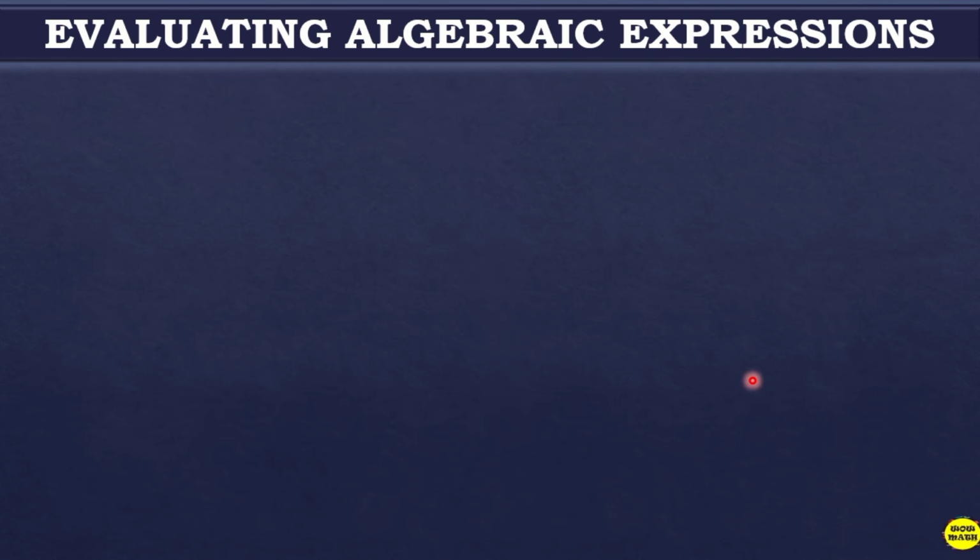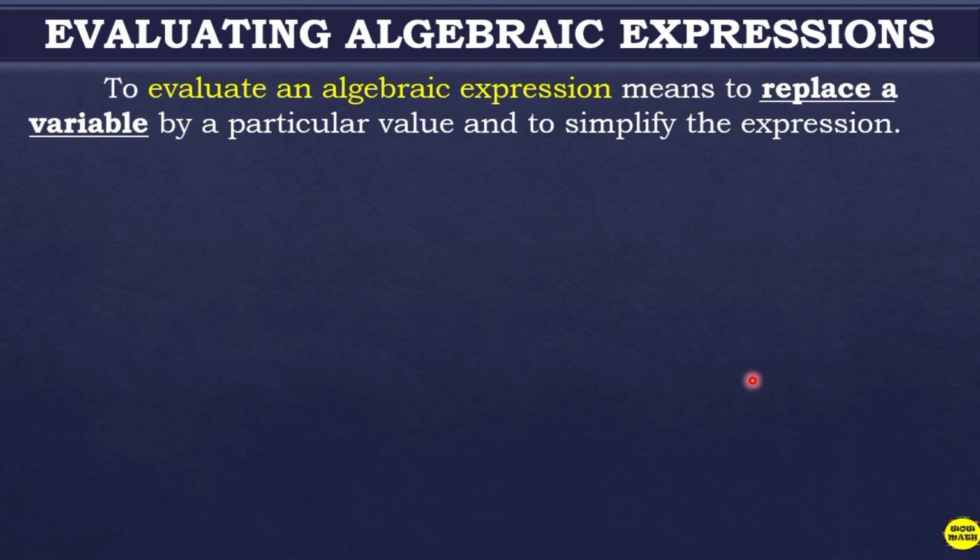Okay, so let's proceed on how to evaluate algebraic expression. So, given this, evaluate an algebraic expression means to replace a variable by a particular value and to simplify the expression. So, ano bang ibig sabihin pag nag-i-evaluate? We are actually replacing the variable. Since, di ba nga, sabi natin, ang variable, pwede ka mag-assign dyan, unknown value, kahit ano, hindi siya fixed, di ba?